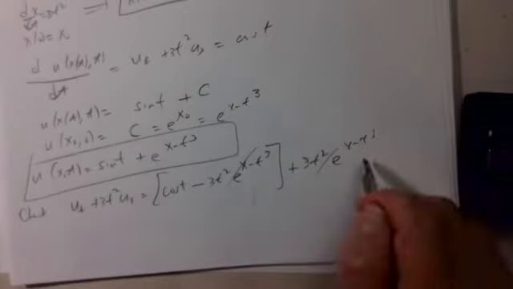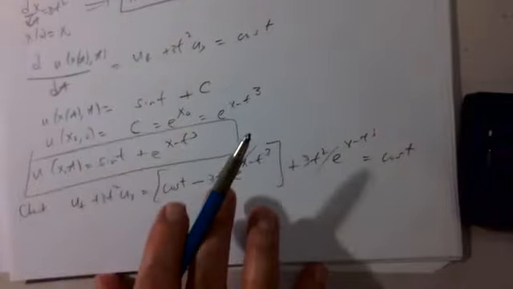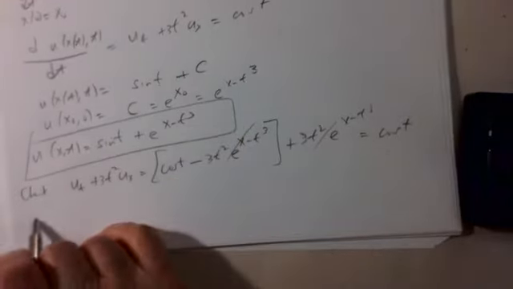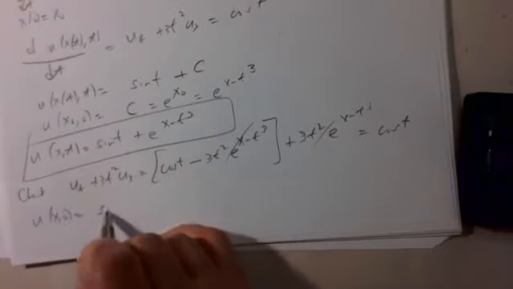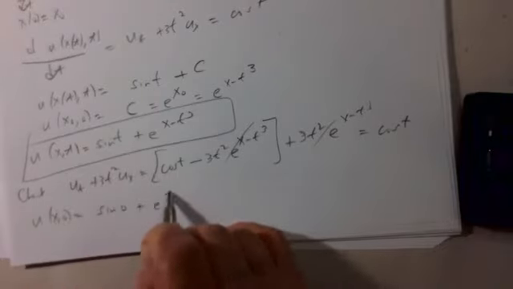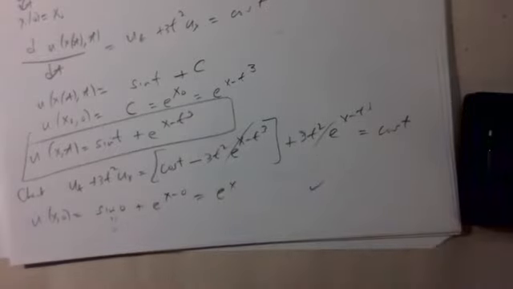And these cancel, and I get cosine t. So my differential equation is satisfied. And u of x comma 0, when t is 0, is sine 0 plus e to the x minus 0. This is 0. This is just e to the x. So everything checks.